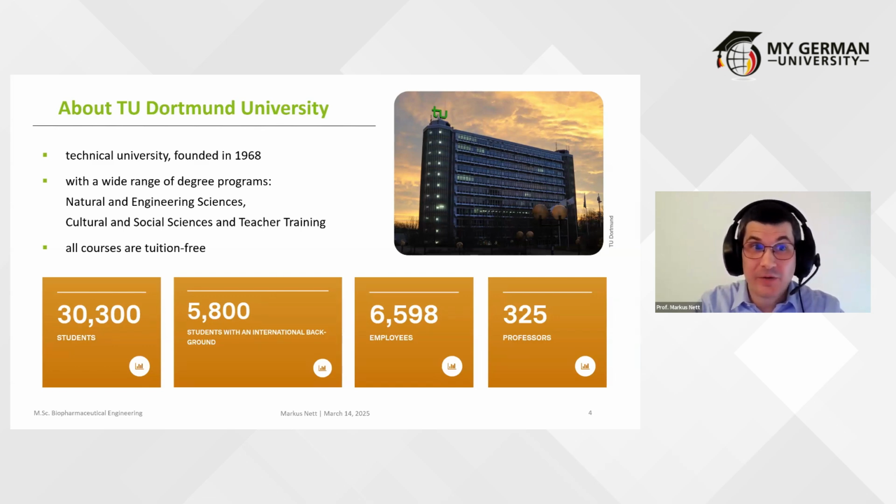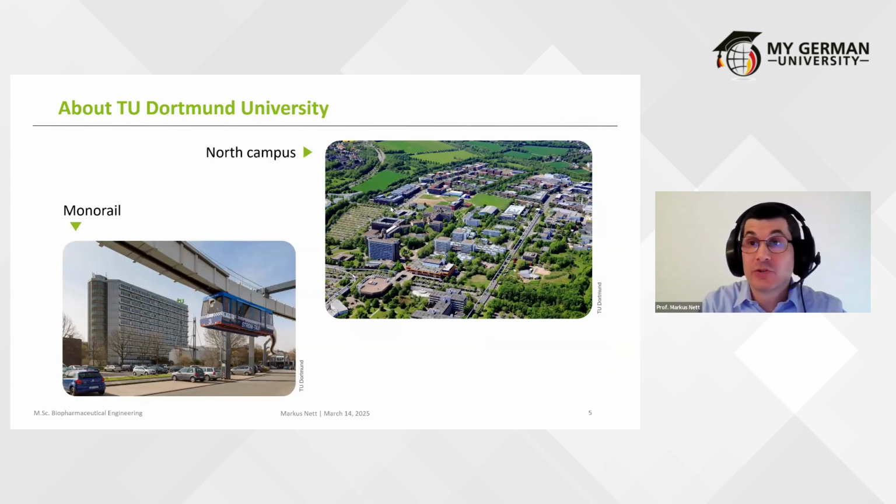Worth mentioning, and Nino also mentioned this in the beginning, all study courses at TU Dortmund University are tuition free. Now, where's the university located? So you can find it about 2 miles outside of downtown Dortmund, and it is easily reached by public transport.